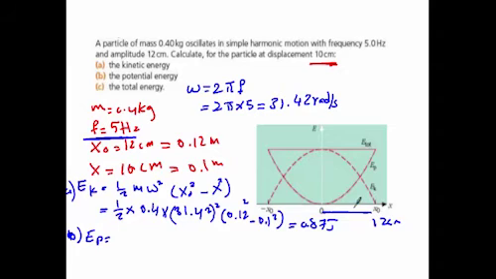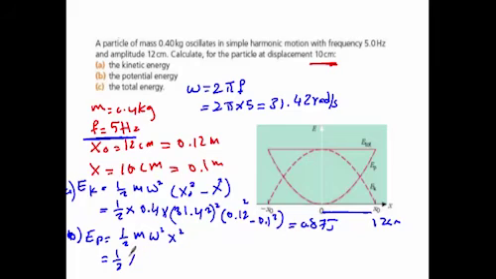So we have our potential energy, which is equal to half m omega square x square.